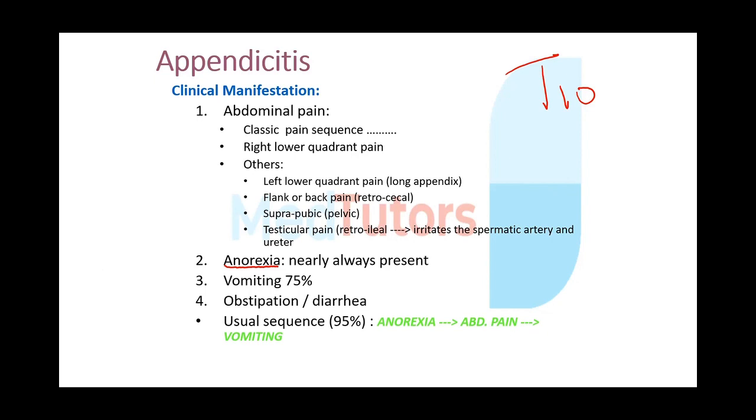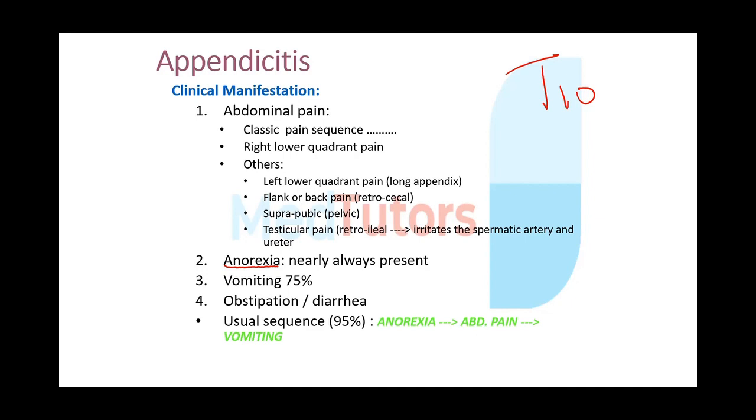Increased frequency of micturition is in pelvic appendix, when the tip of the inflamed appendix is irritating the bladder.